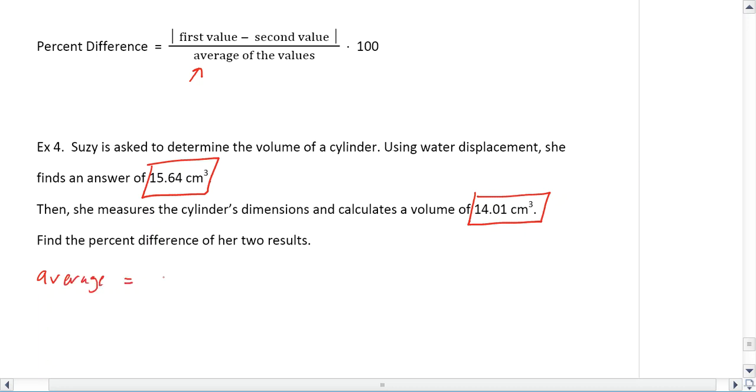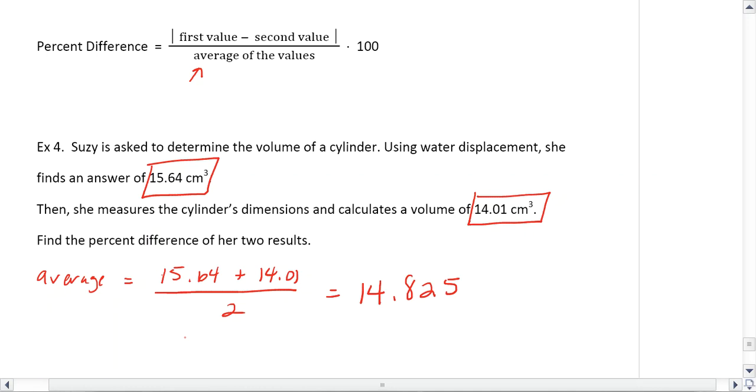And of course, to find the average, you add them together and divide by how many there are, in this case, dividing by 2. And we know our average should be in between these two values, and it does turn out to be 14.825.